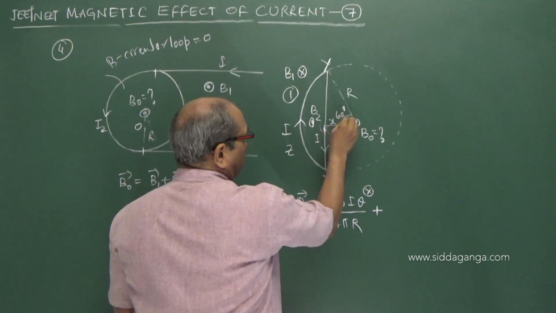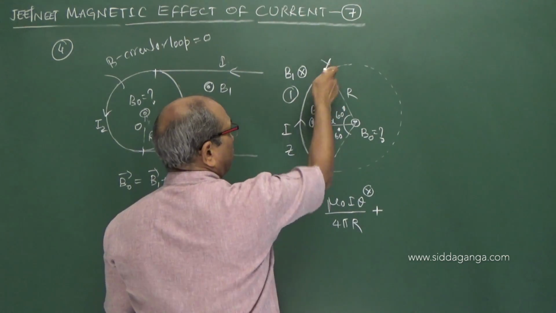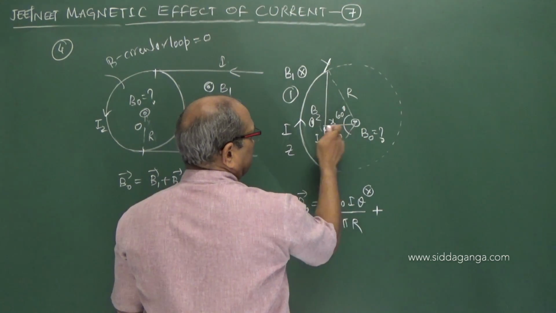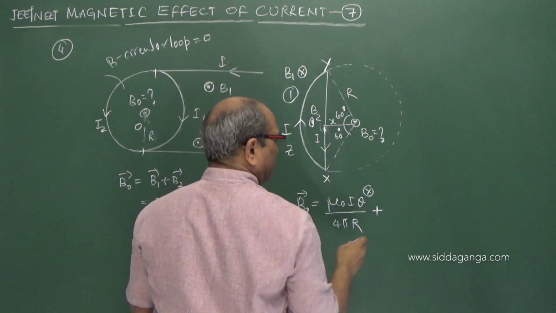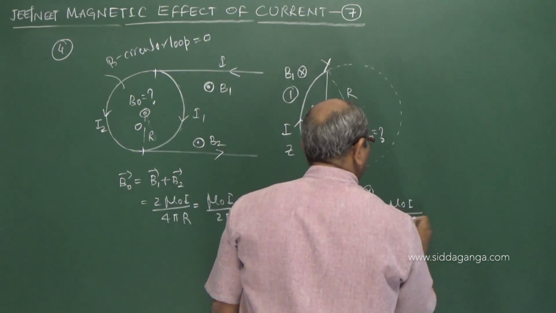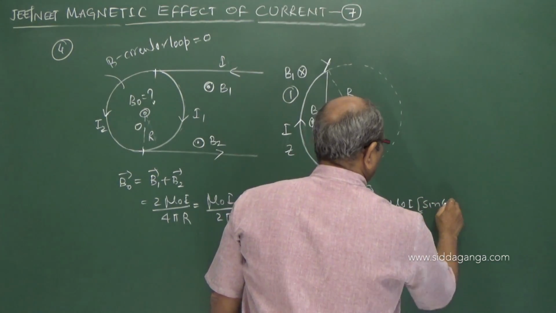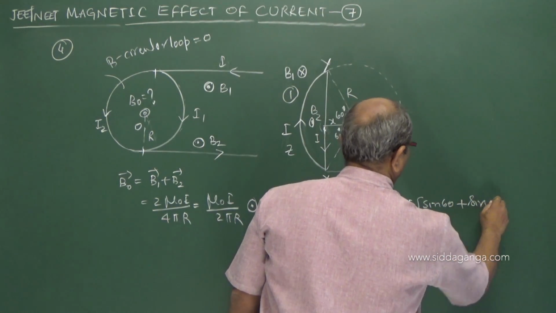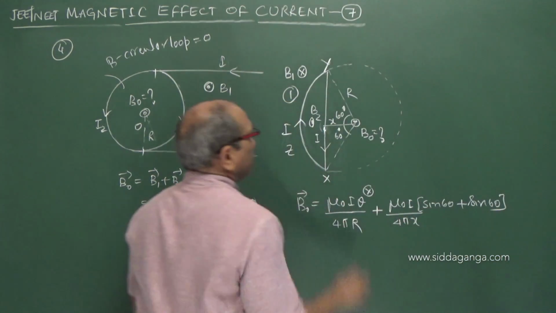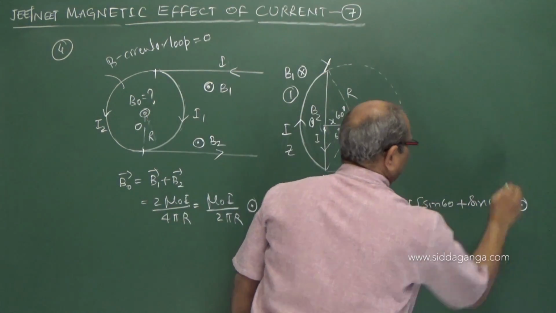For this I want the distance x. It is a straight wire carrying current of length XY and this distance x to the center. Mu naught I divided by 4 pi x into sin 60 plus sin 60. These two are sin 60. This is the wire carrying current and the field is out of the board.